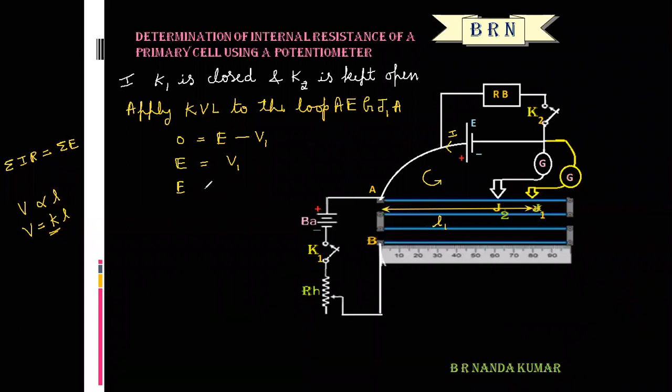E is equal to KL1, and call this equation number 1. This is the first part of this experiment, and let us go to the next part.